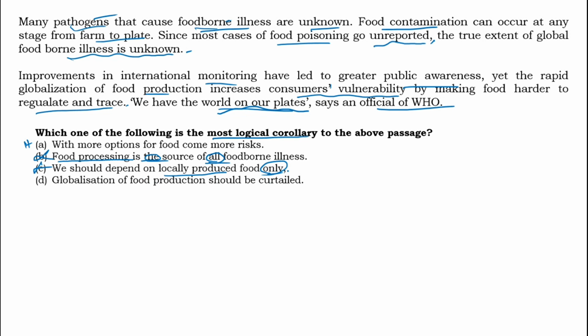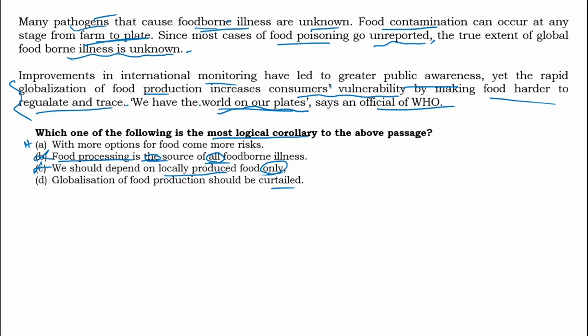Globalization of food production should be curtailed. Again, even if we curtail globalization of food products, food contamination can happen anywhere. Moreover, the author is discussing globalization only in the second half of the passage. Yet, rapid globalization of food production increases consumers' vulnerability by making food harder to regulate and trace.